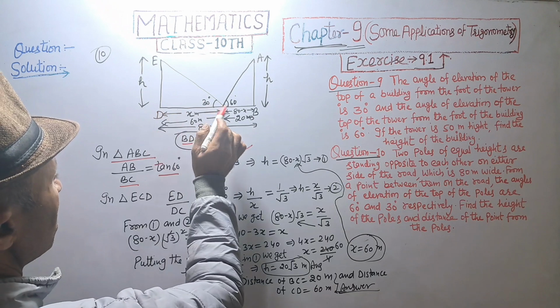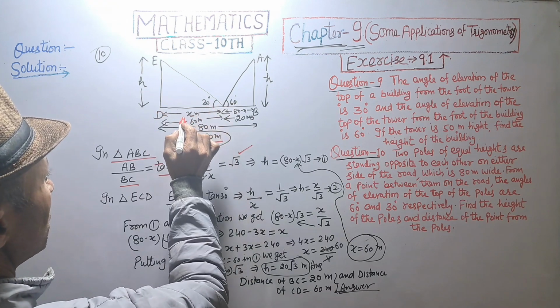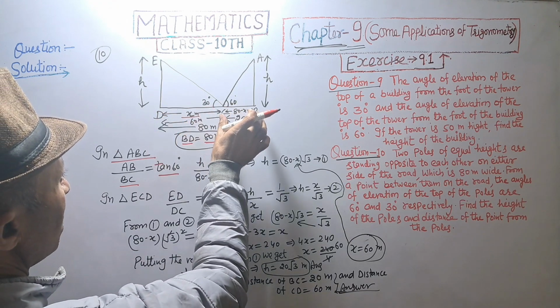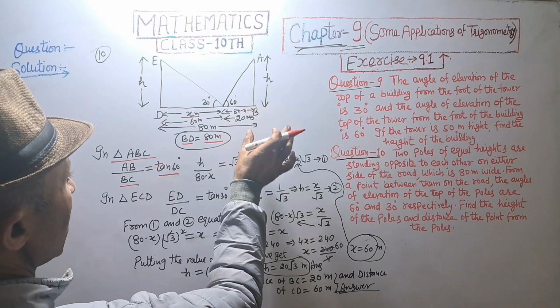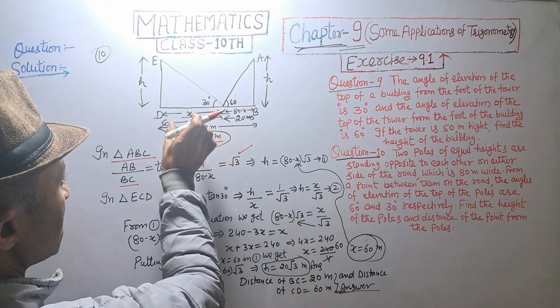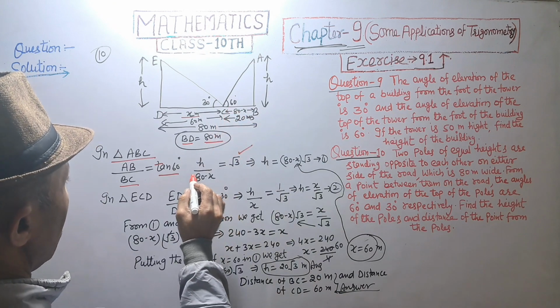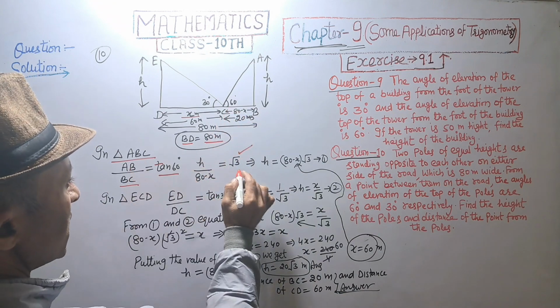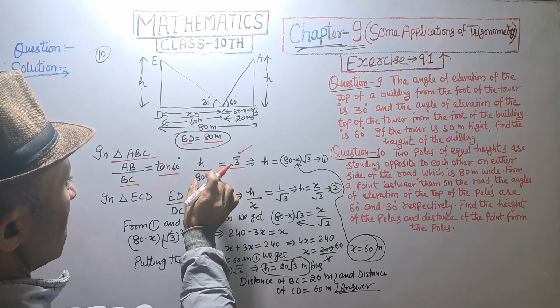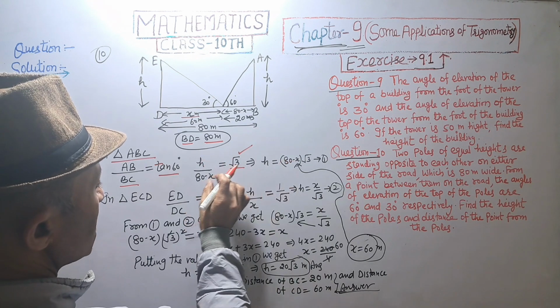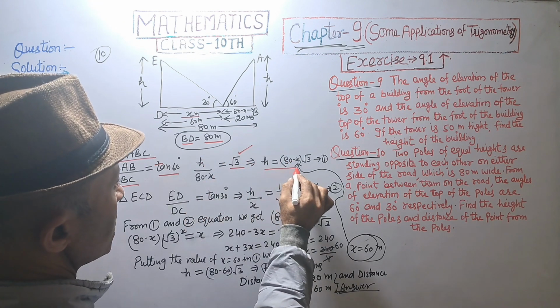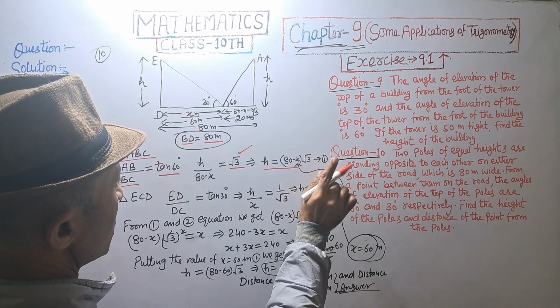And DC, we are assuming DC is equal to x meter and BC will be 80 minus x. Total minus x, that is value of BC. AB upon BC is equal to root 3. H upon 80 minus x is equal to root 3. H is equal to 80 minus x root 3, equation first.